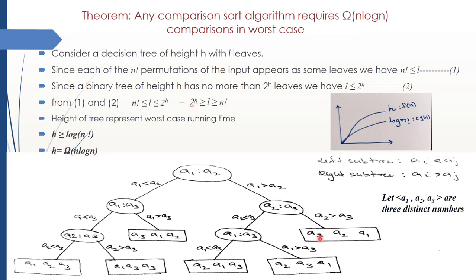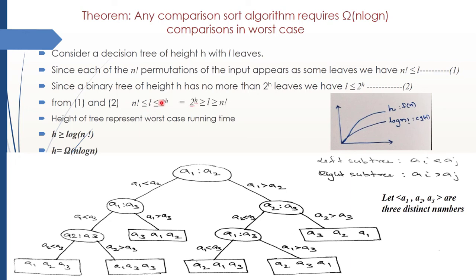If the correct output is A3, A2, A1, I have to make only 2 decisions. So the maximum number of decisions I have to make is equal to the height of the tree. The height of this tree is actually 3: 1, 2, 3.